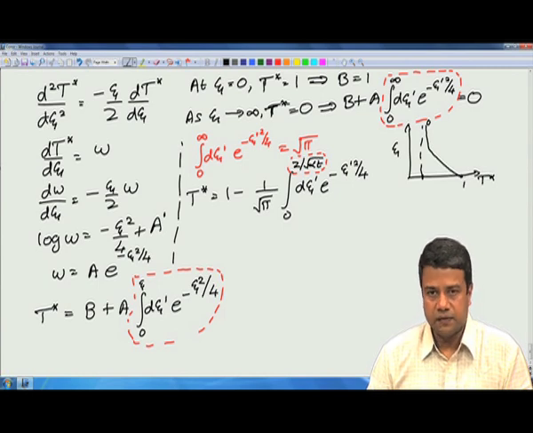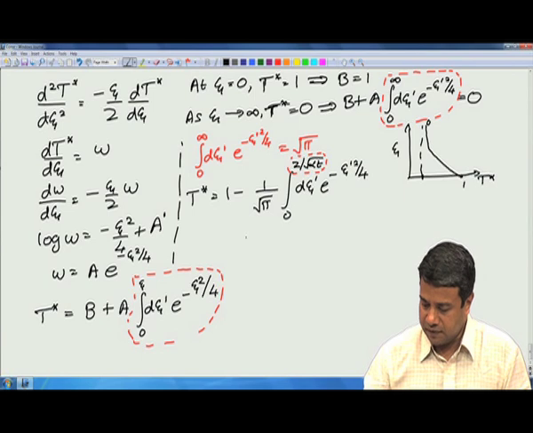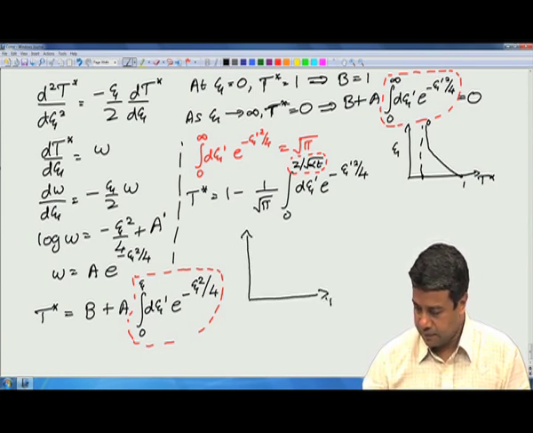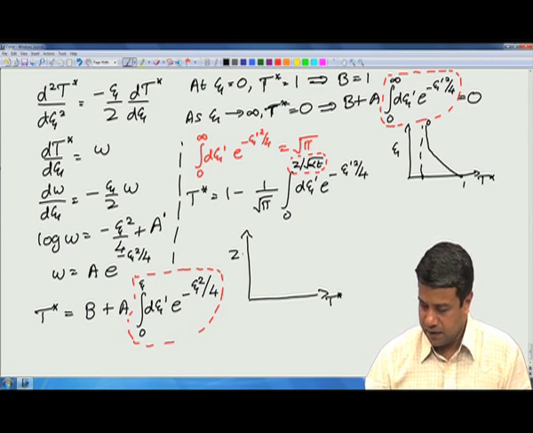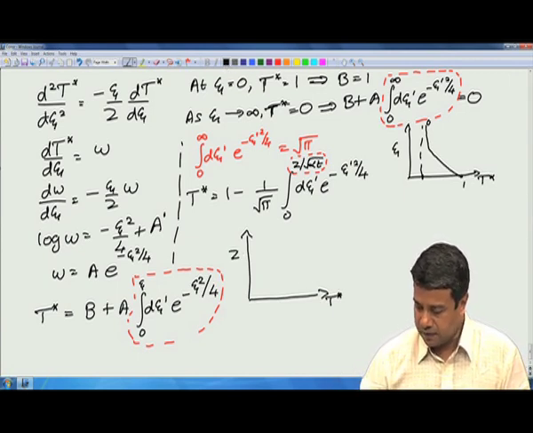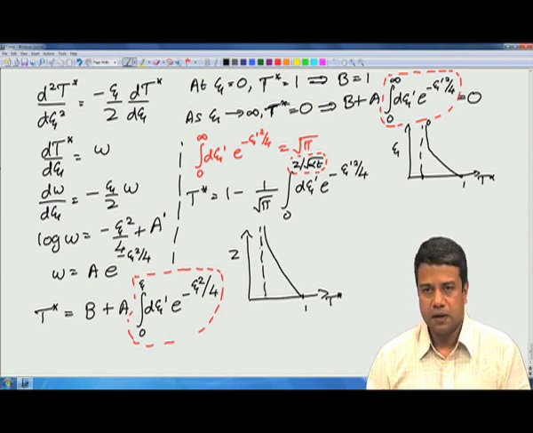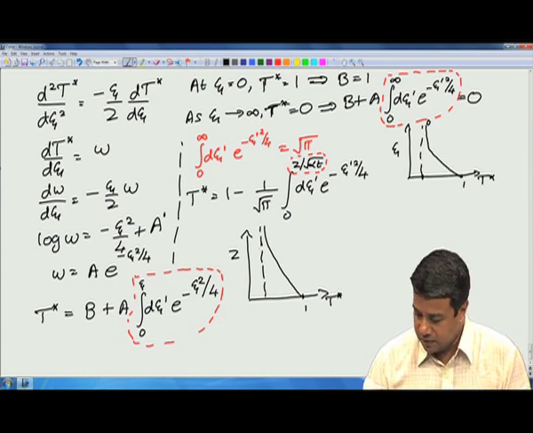However, if I were to express this in terms of z, I would get different curves. This once again has to go from 1 to 0 far away. However, at early times it would basically be a step function.